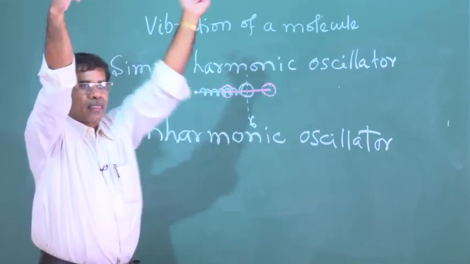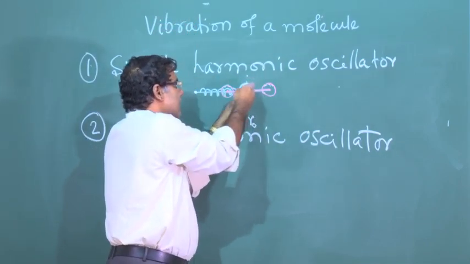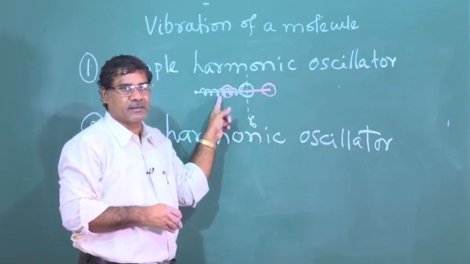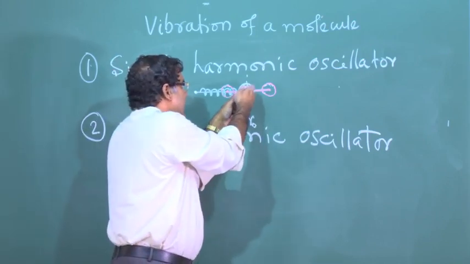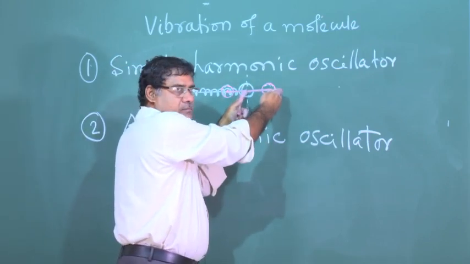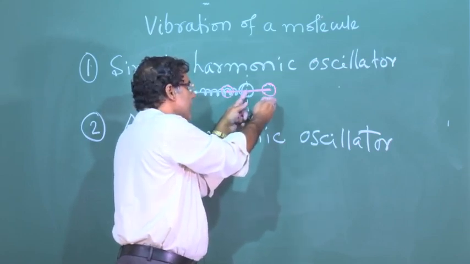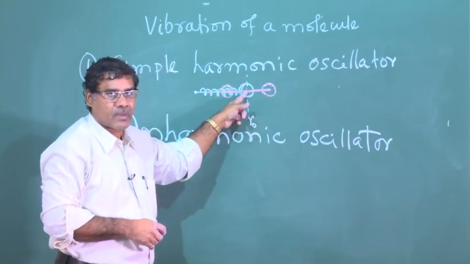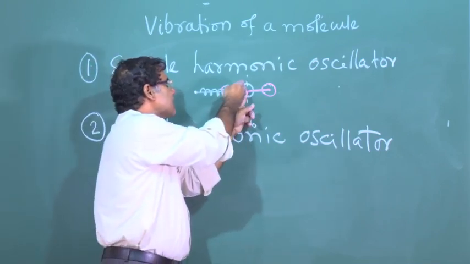So what is that? It is when the oscillation on both sides of the equilibrium position is not symmetric, if it is asymmetric. Means for the same energy, its compression is not the same.